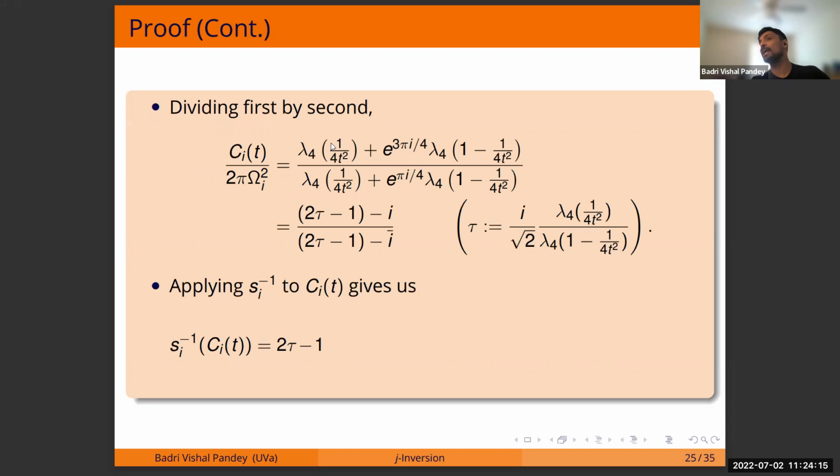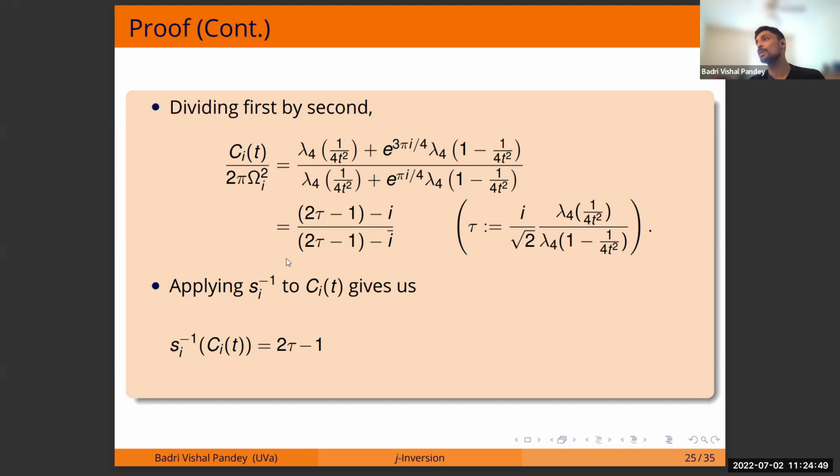Okay, and what you can do is, from numerator and denominator, pull out lambda 4 evaluated at 1 minus 1 upon 4t square. When you do that, this turns out something like this, right? Lambda 4 of this divided by this, whole thing divided by this. And when you solve, you get something like this. And this actually looks nice, right? This looks like those uniformizing maps when you evaluate the uniformizing map at i.